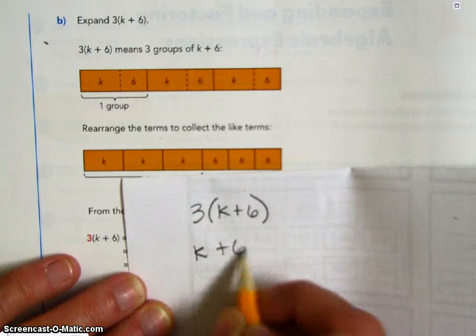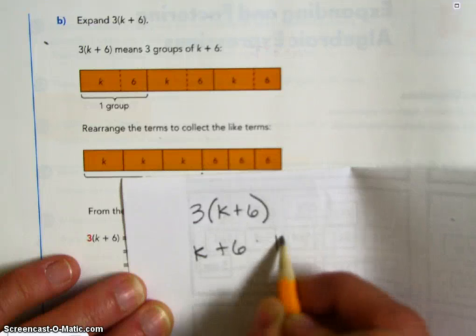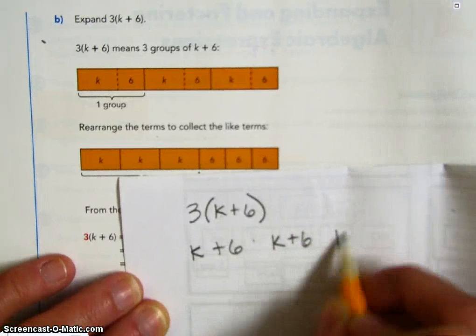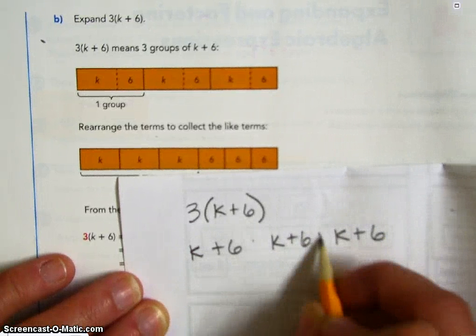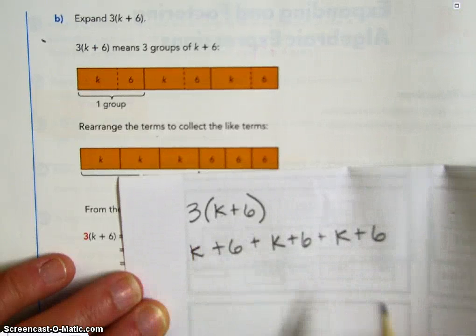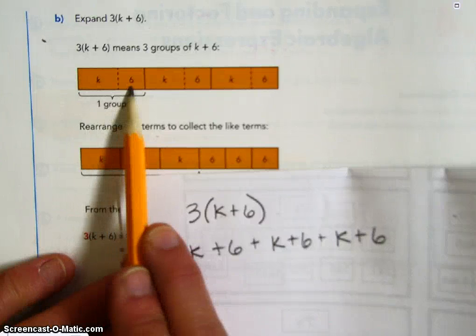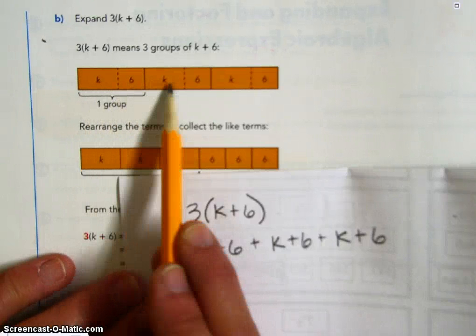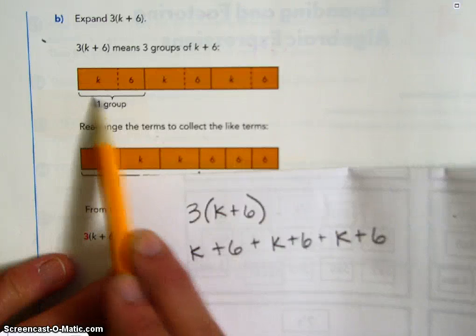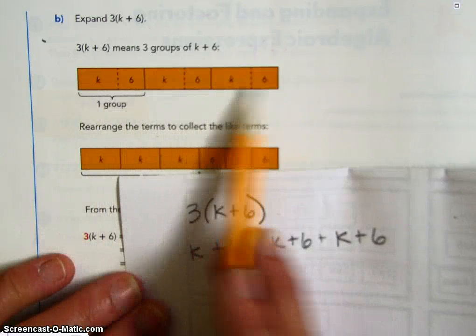So k plus 6, k plus 6, and k plus 6, and all those are added together, which is the same as 3 times k plus 6. So they wrote it out in bar form here, k plus 6, k plus 6, k plus 6. This is the first group, second group, third group.